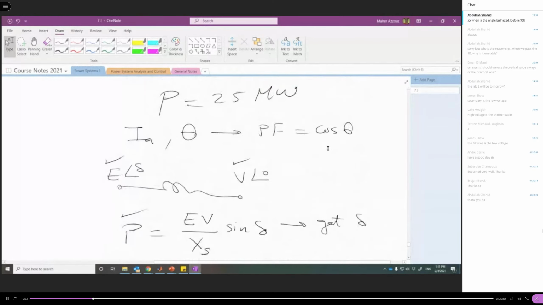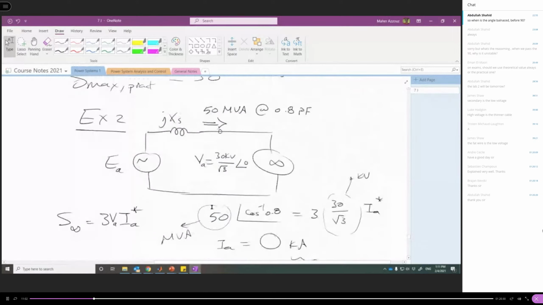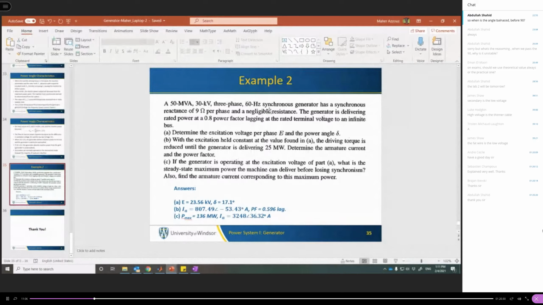In the previous lecture, we couldn't solve the last example. We stopped at part B. Okay, so let me go back to example 2. It's here. So in this example, we have a 3-phase generator, 50 MVA. The rated voltage is given.